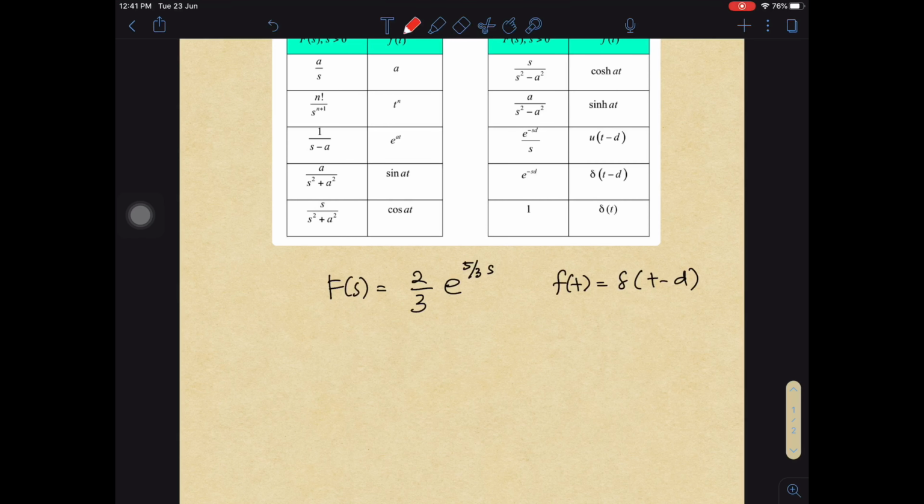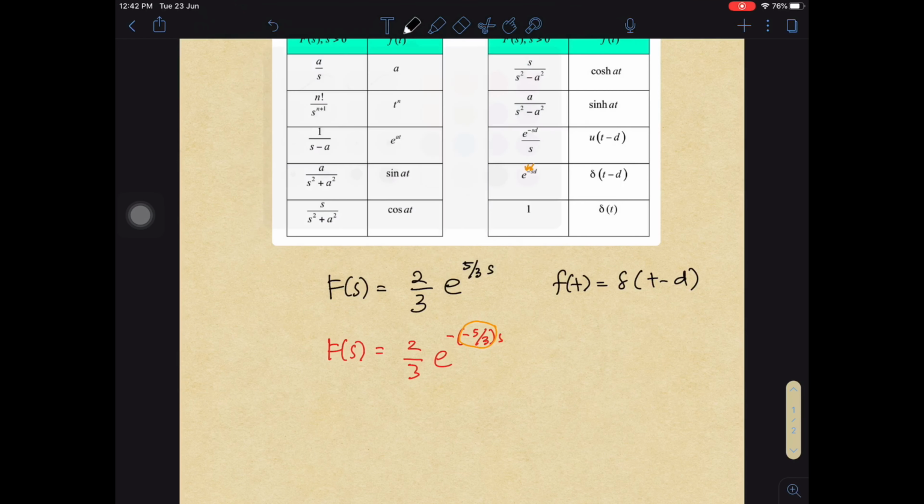So you can write your F(s) equal to 2 over 3 e to the power of negative 5 over 3 s. From here, you know that the value of d is equal to negative 5 over 3, because the general form here must have negative outside and also s.